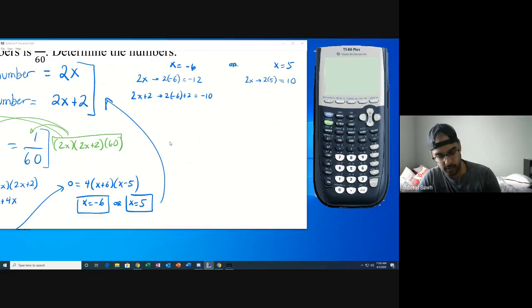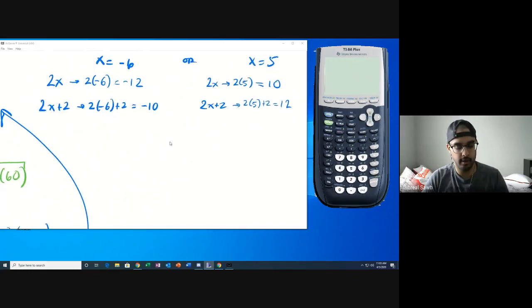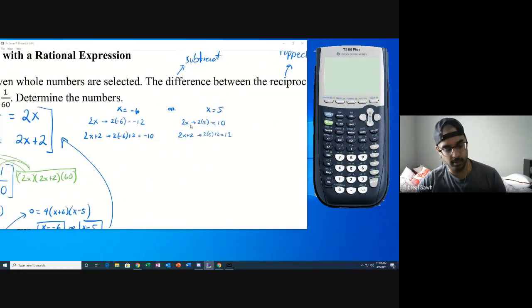That's going to be equal to 10. 2x plus 2 is going to be 2 times 5 plus 2. That'll give me 12. Okay, so here's my two cases. I could either have -12, -10, or +10, +12. The same numbers. Now the question's very specific, and it says I have whole numbers.